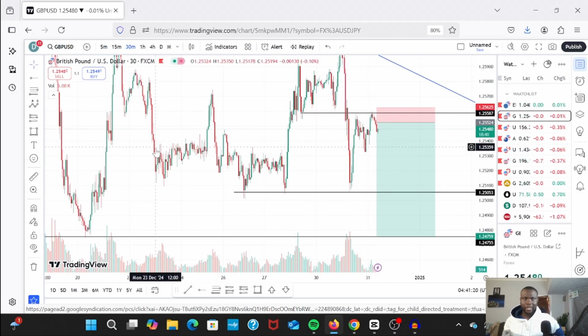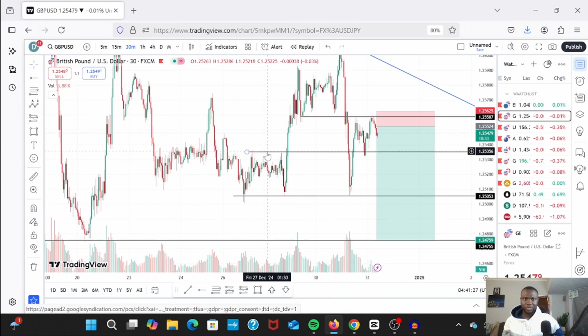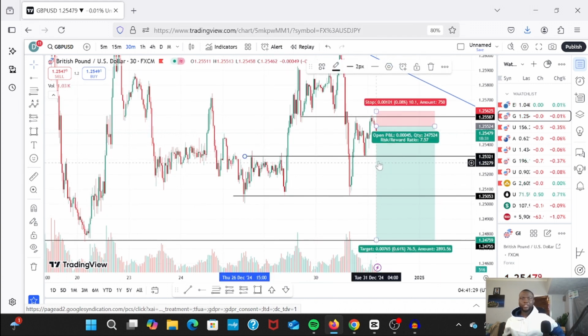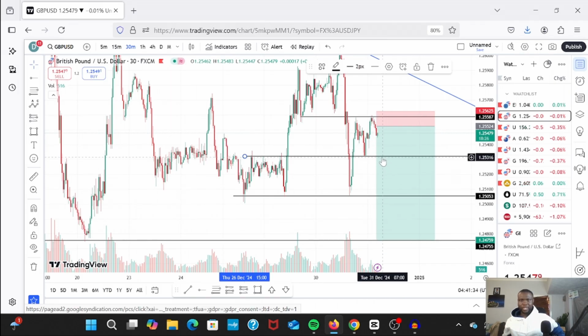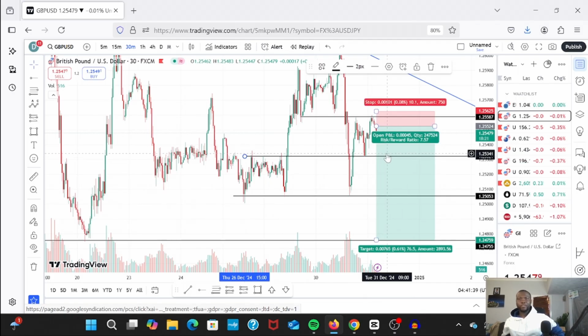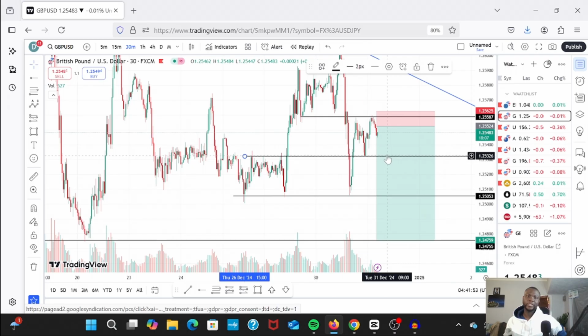Then secondly, let's observe and see what happens at this point. If the market comes to this point, let's watch if it's able to break this level. If it doesn't break this level, and you see it's forming an engulfing bar or a pin bar, forming an engulfing candle, then we should try to create a break even in our trade or try to close our trade.